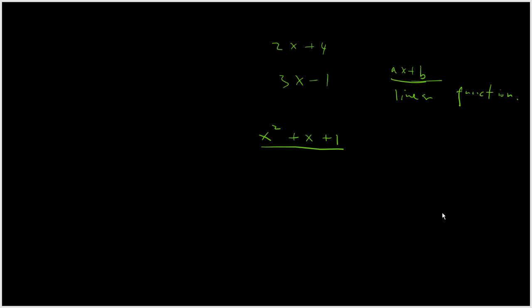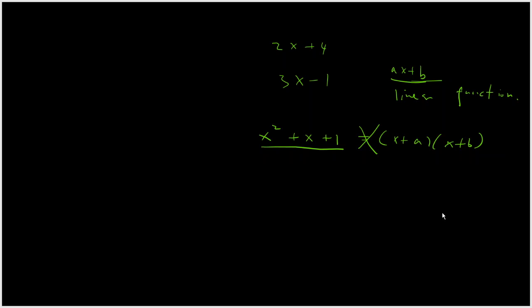I will tell you how to check if it's irreducible or not. By irreducible, we mean the quadratic function cannot be factored further, cannot be factored as x plus a times x plus b. It's never possible.